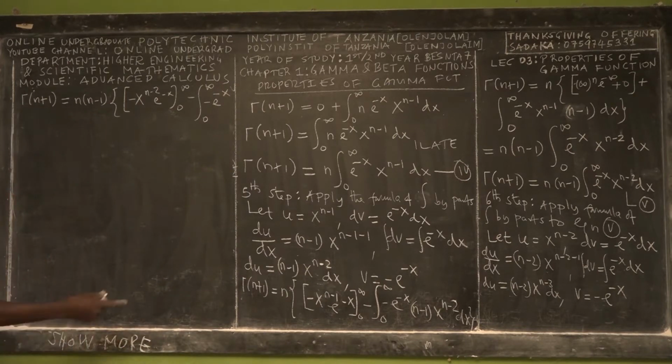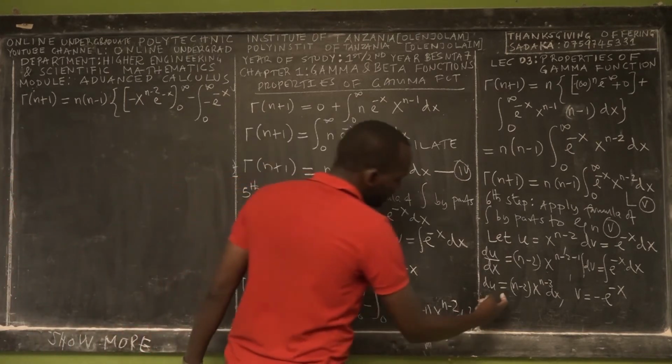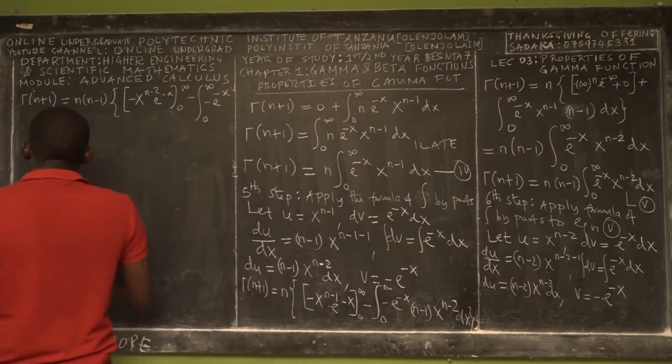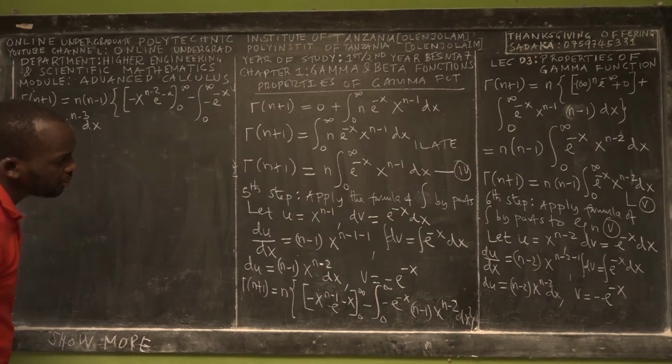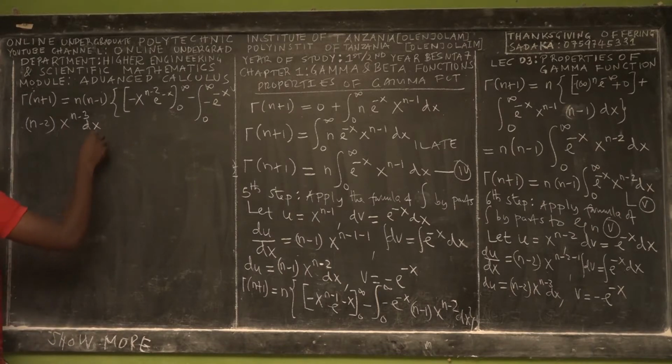Then we have the u dx, and u is n minus 2, multiplied by x power n minus 3, then dx. Okay? So then we close our curly bracket.